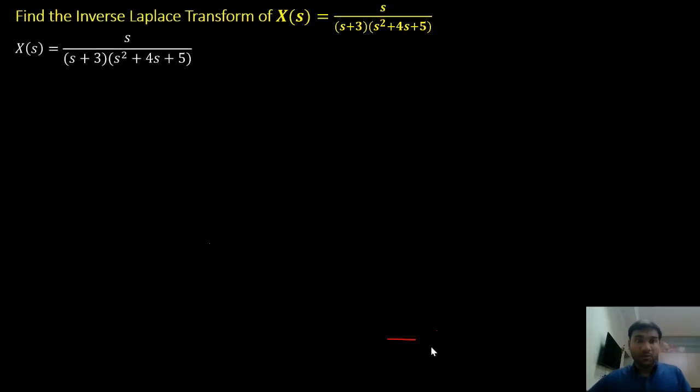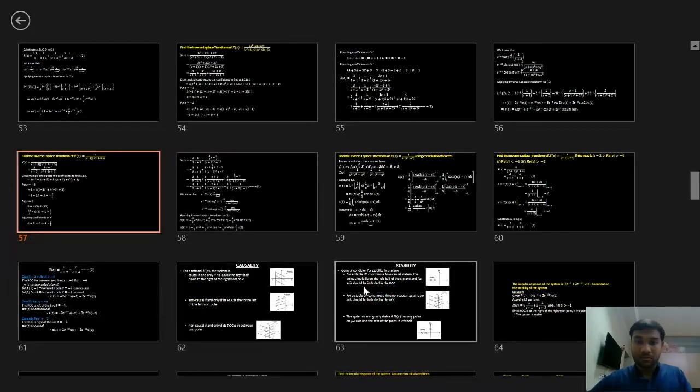Now we are going to find inverse Laplace transform when the ROC is specified.